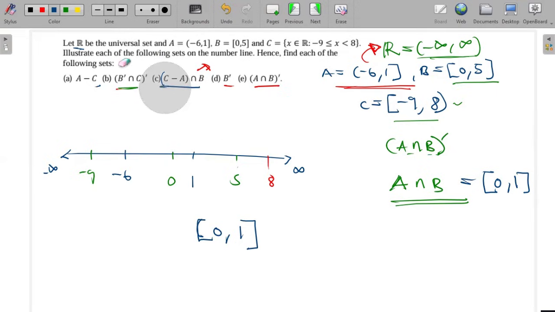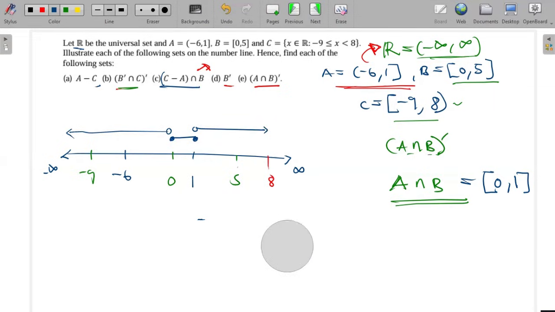So now the complement of that. If I was to sketch that alone, you just have this here and that. So the complement, everything outside this, is going to be open there going this side, open there going the other side. So for this same set, which is A intersect B complement, the complement is outside.